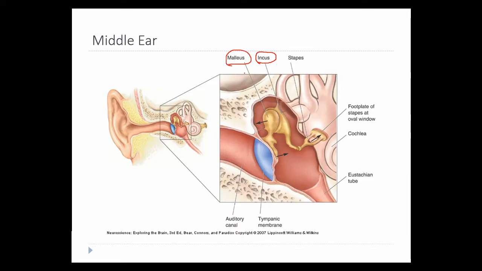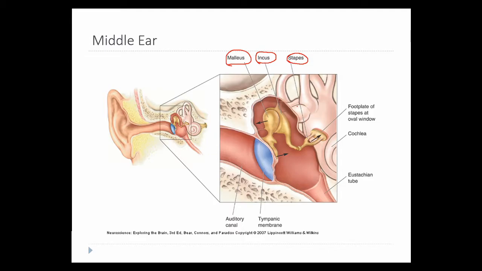In fact, the word malleus comes from the same root as the word mallet, like a hammer, and the word incus comes from the word for anvil, because that's kind of how they operate, a hammer banging on an anvil. But then the incus causes this bone right here, called the stapes, to vibrate.